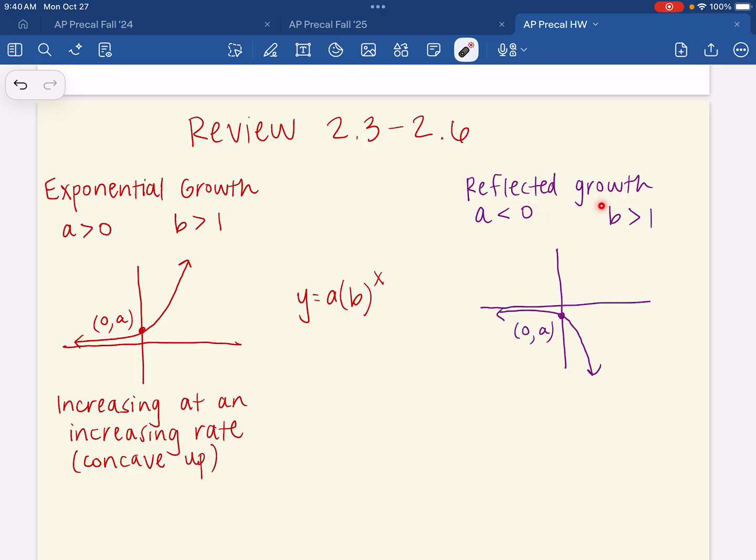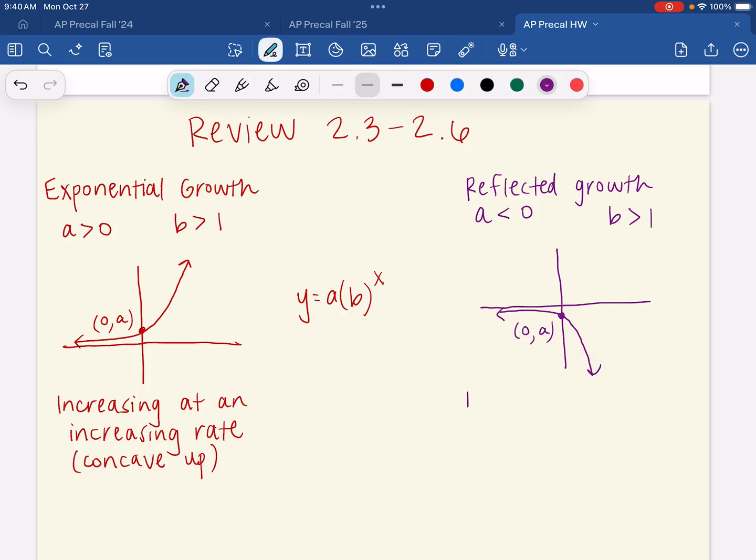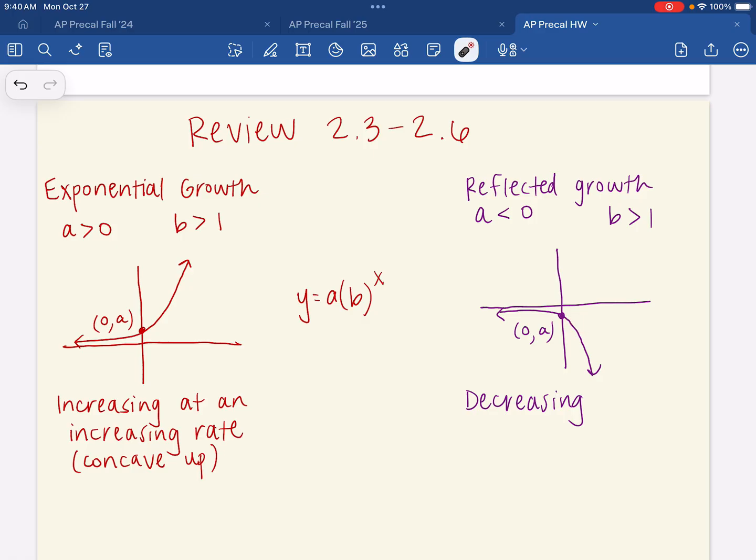Even though this is growth, as I trace the function from left to right, the y values are decreasing. So this is going to be a decreasing function. And if I check the concavity, this is concave down. Let's do tangent lines. Close to 0, getting negative, getting more negative, more negative.